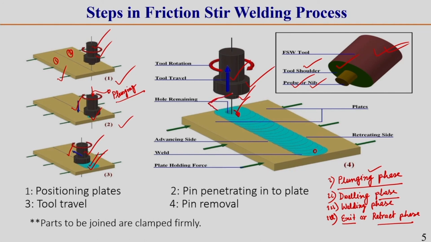Dummy material means another workpiece material which is connected to the weld plate end location. The tool moves towards this dummy material region, and when the tool comes into the dummy material zone, we remove the tool. Then the exit hole will be created in this dummy material. You should keep this in mind.